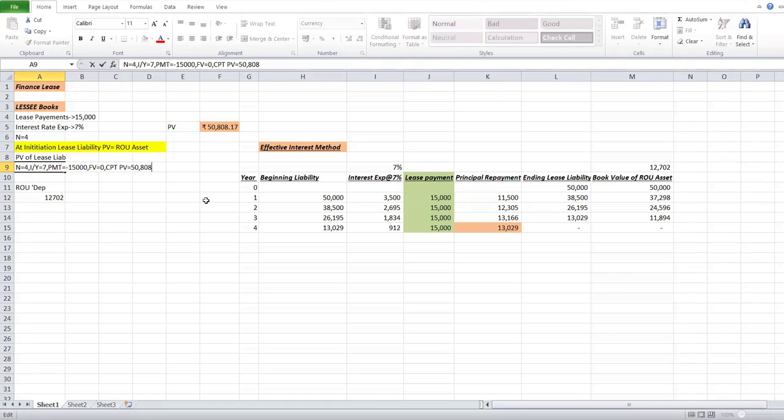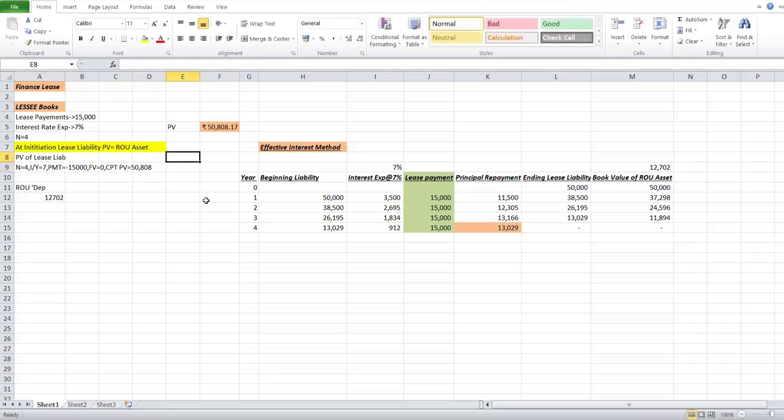The PMT I have written with a negative sign, negative 15,000, first of all because it is paid out of your pocket. The future value is assumed as zero because after the useful life, the asset won't have any value, so FV is equal to zero. Then press CPT PV, and the present value comes as 50,808.